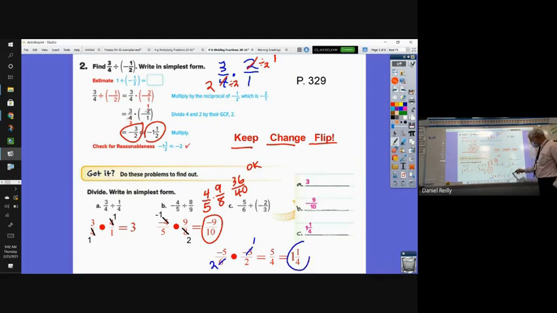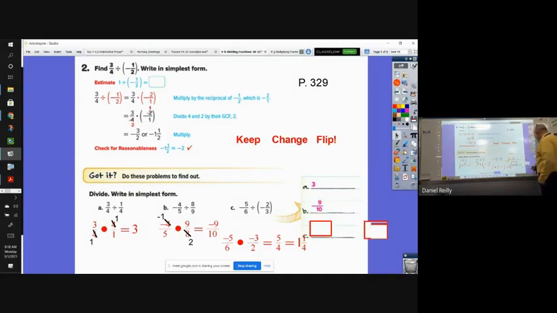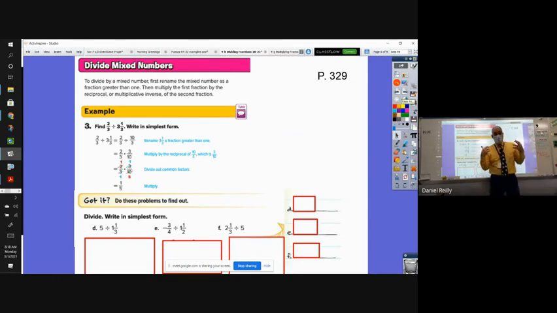Okay? All right. Now, what do you think we're going to do with mixed numbers if we have to divide mixed numbers? What do we have to do with mixed numbers in order to divide them? Absolutely correct, Terry. That is right. Make them into improper fractions because we're going to have to multiply, and we can't multiply mixed numbers.